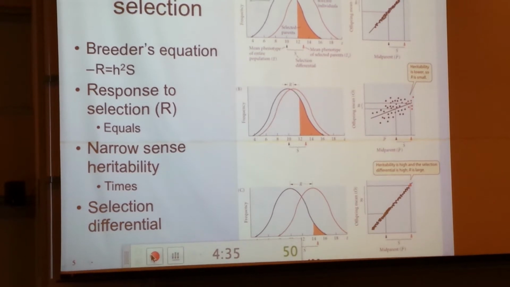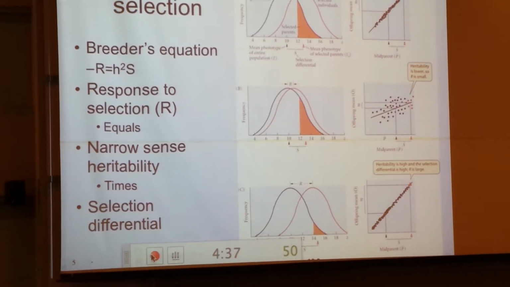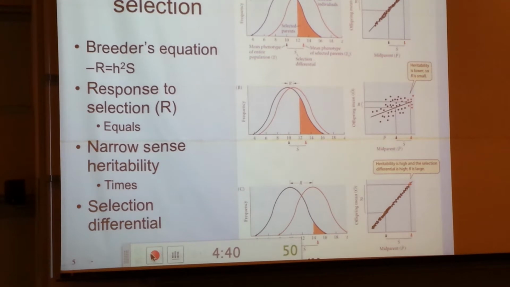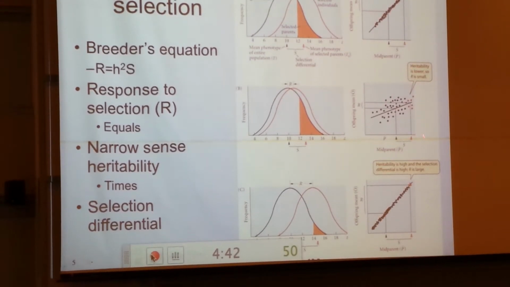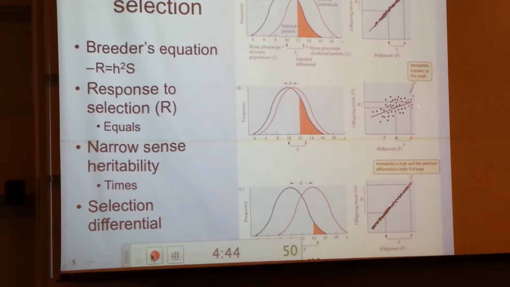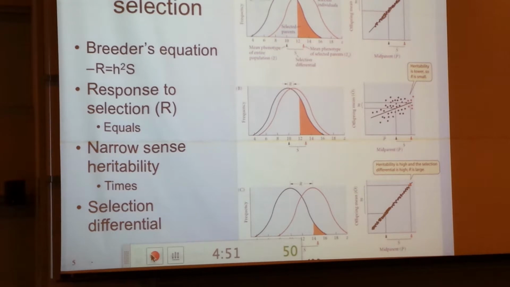If the slope were flat, then heritability would be 0. There would be no response, right? Even if you breed the very highest valued organisms, you wind up with no effect whatsoever. In contrast, in either of these, heritability is super high, so basically what you see is what you get. If you breed the ones with the highest values, you're going to wind up with a very strong response.